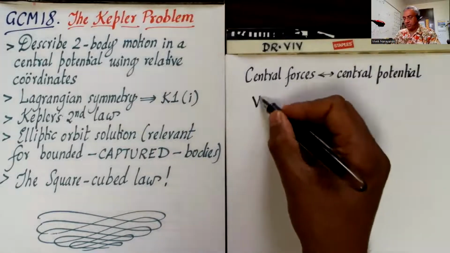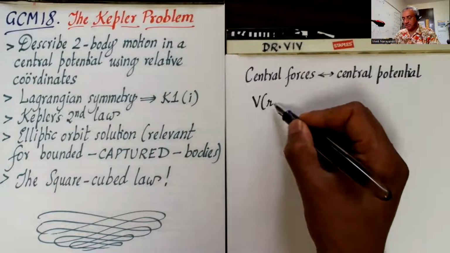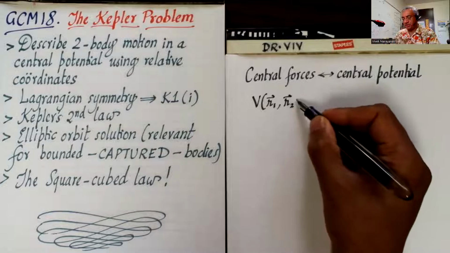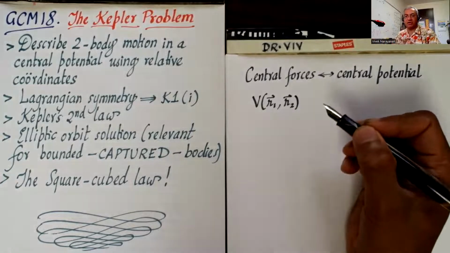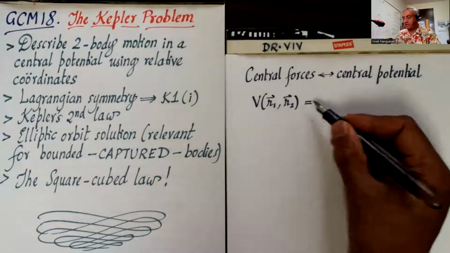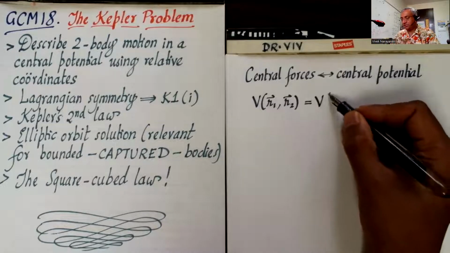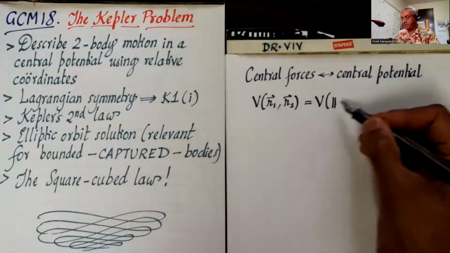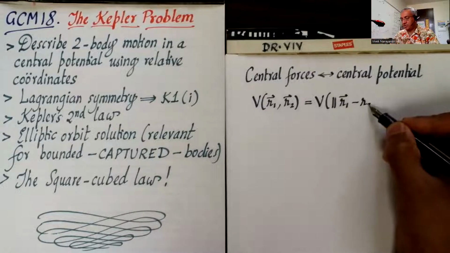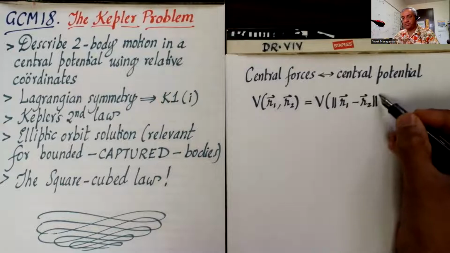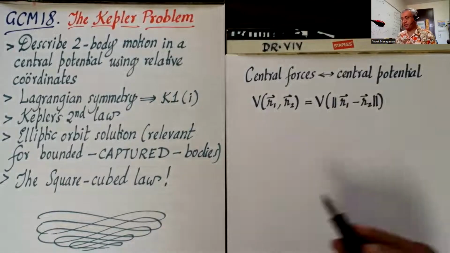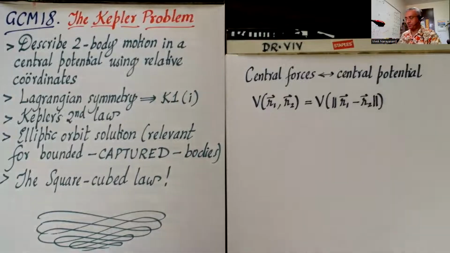So if I have a potential V for two bodies, it's generally going to depend on the vector positions of the two bodies. But if that potential only depends on the magnitude of the vector difference, then that is called a central potential. So that it can be taken as the definition of a central potential.